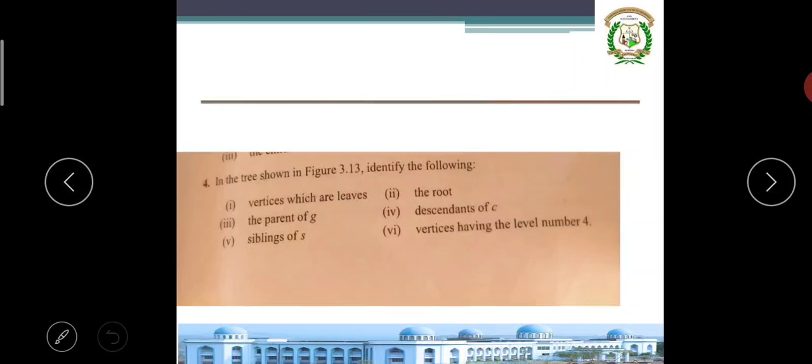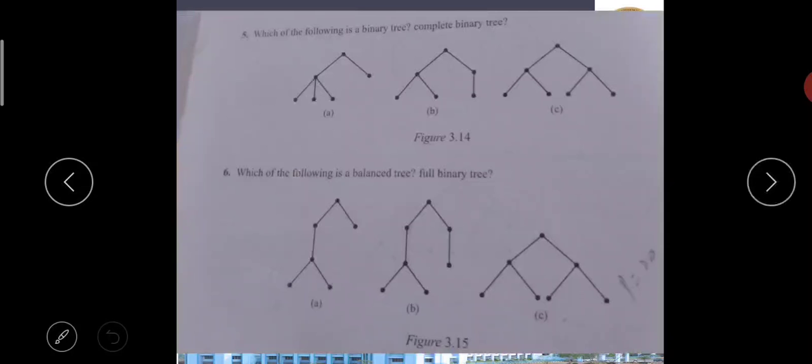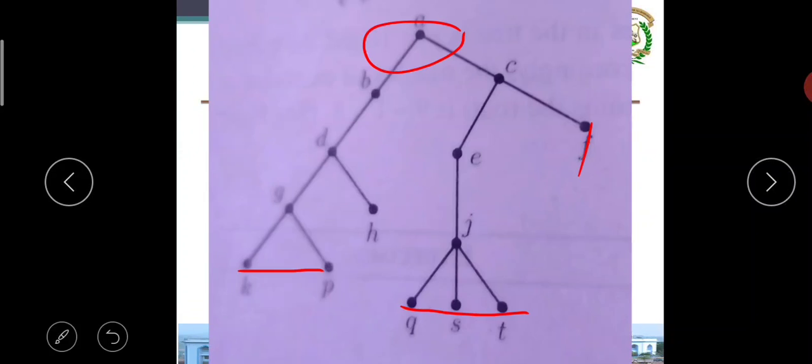Next question: parent of G. Find where G is.